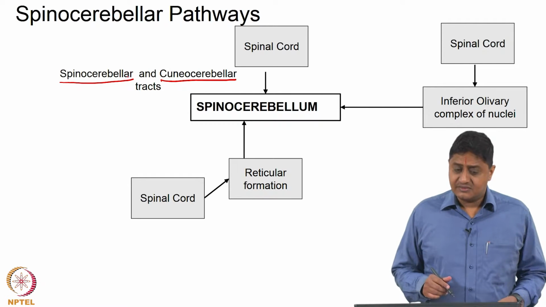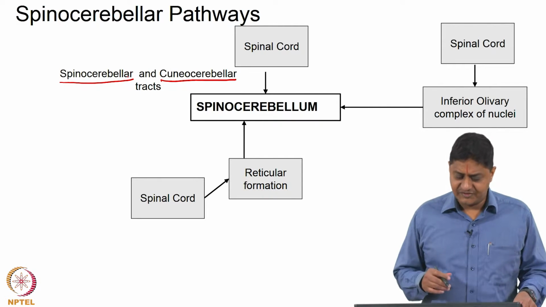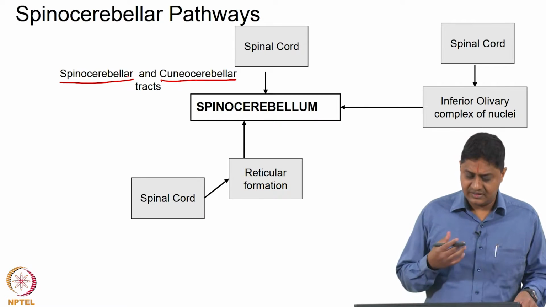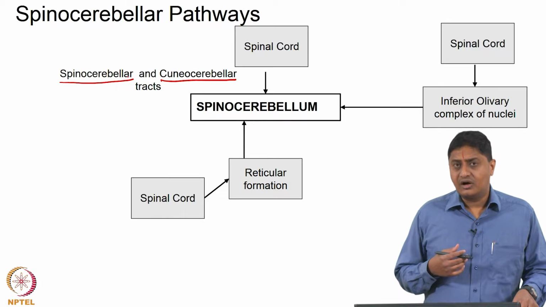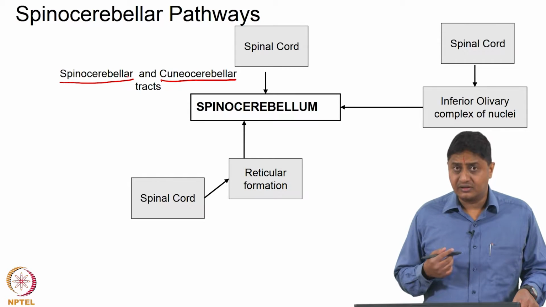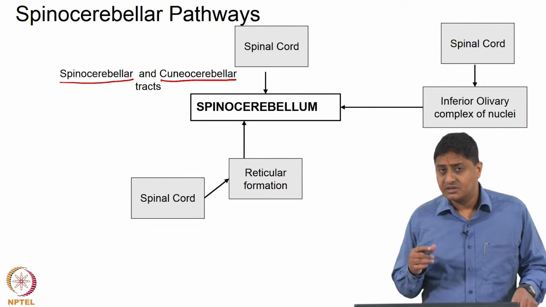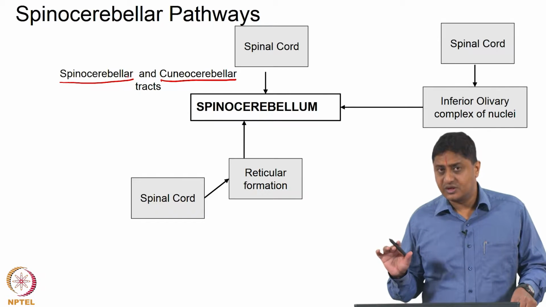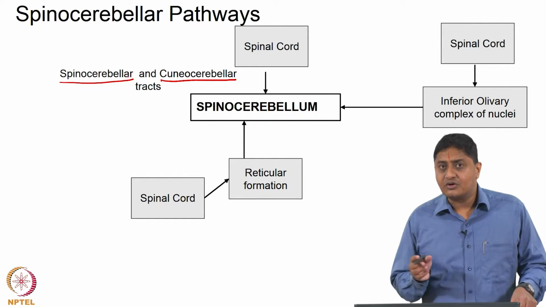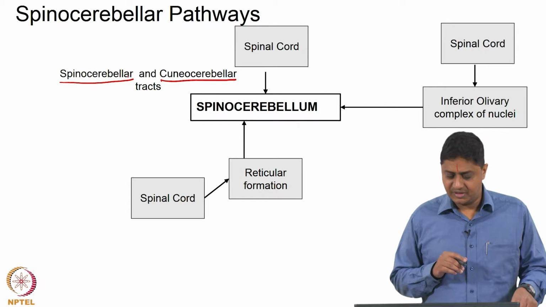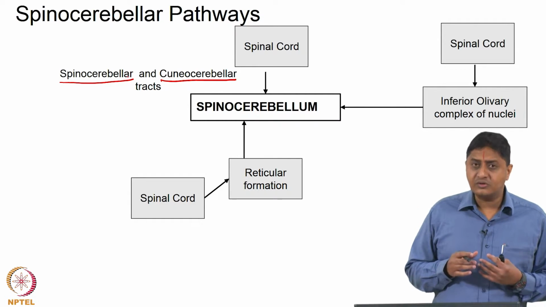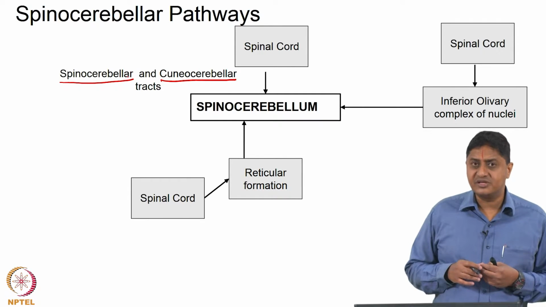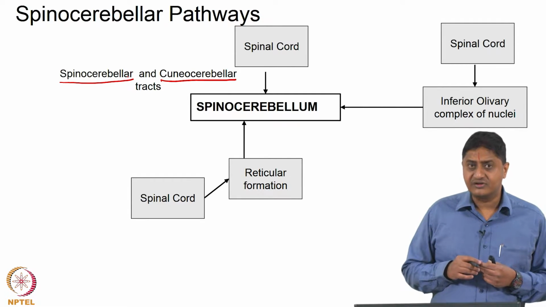So, these send different forms of information, either afferent or sensory information, or efferent, or in other words, commands that are sent to the motor neurons are also copied to the cerebellum. That might give you an idea of what could be the purpose or the function of the cerebellum.